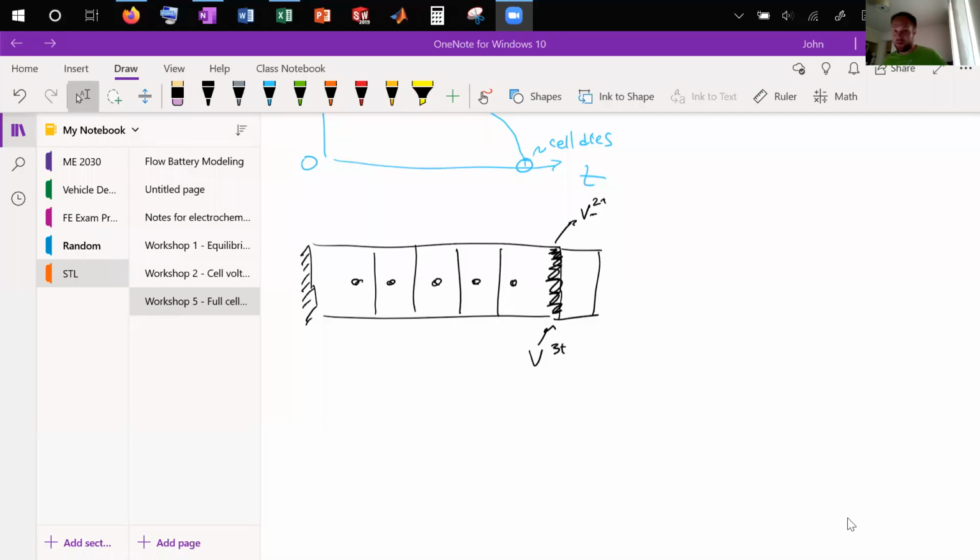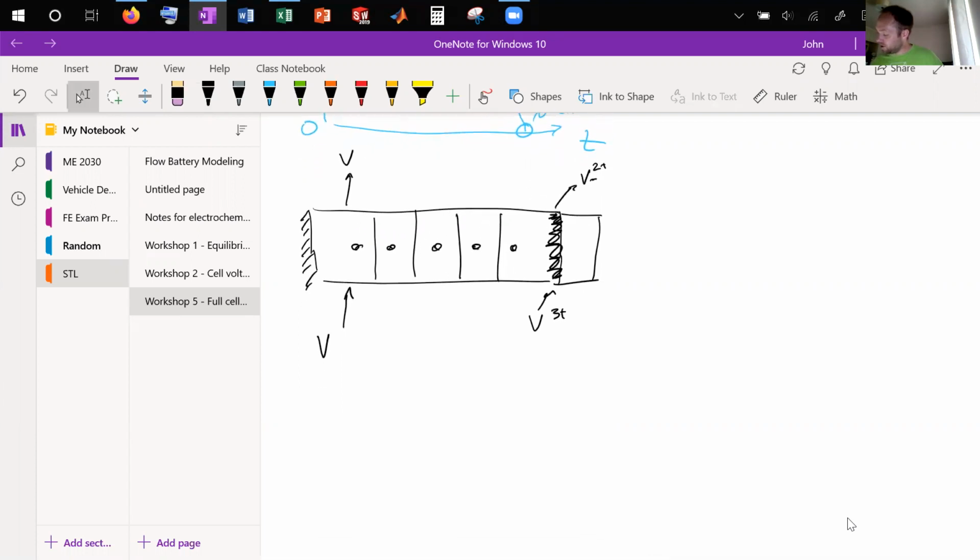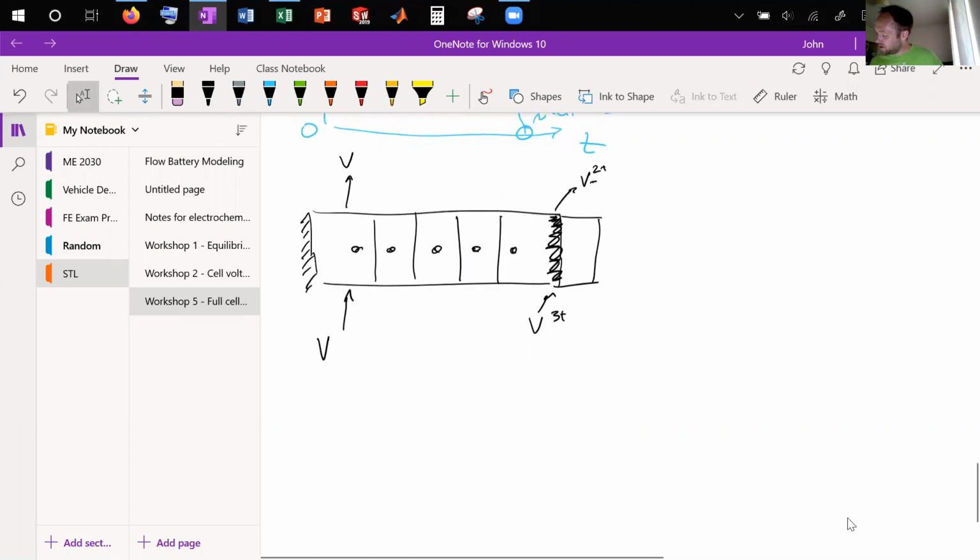So we were talking about breaking these up into different nodes. But also at each one of these nodes, there's a certain velocity going in, and that velocity has to be the same as what's going out unless it's compressible. And so the way we see that adds to the flux is you have the velocity times the concentration of what's going in times, so this has some width, dx, and some height, h.